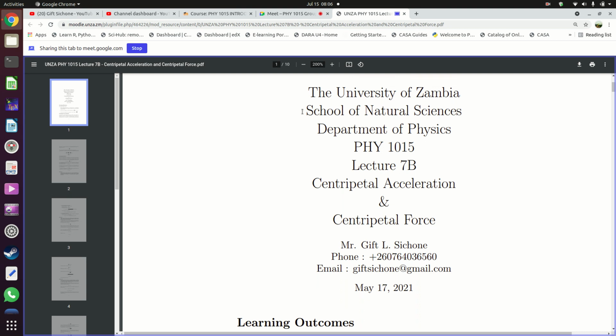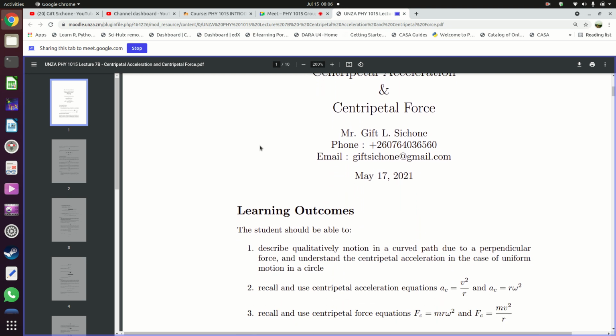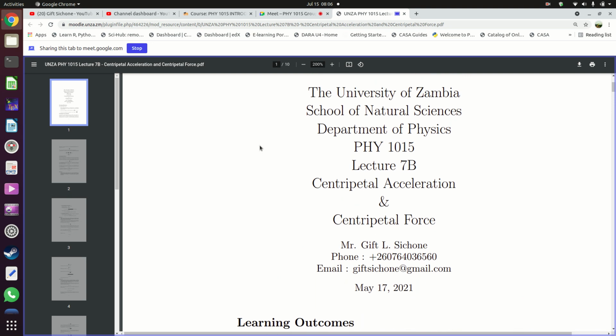So as part of our studies of circular motion, this morning we want to look at something called centripetal acceleration and centripetal force. Now, so far, every time we have talked about acceleration, our acceleration has involved a change in velocity, as in the size of the velocity has changed.